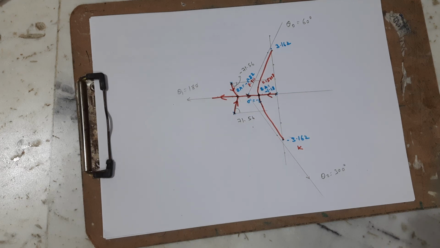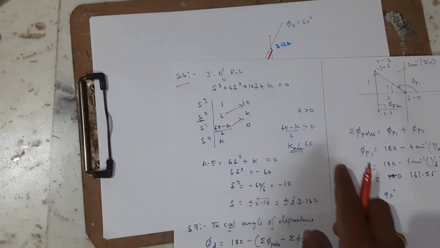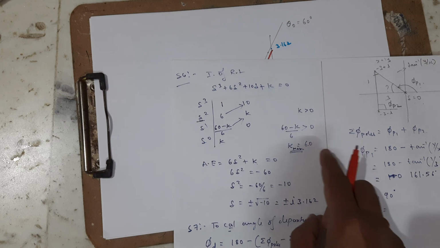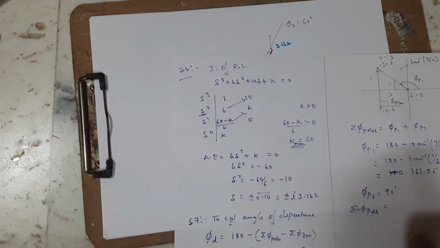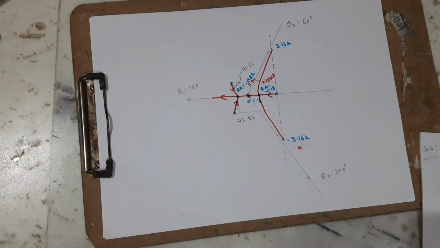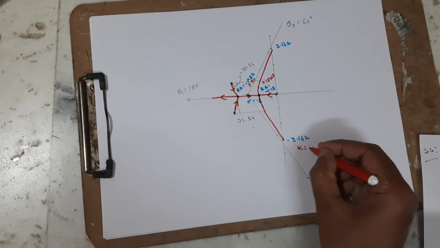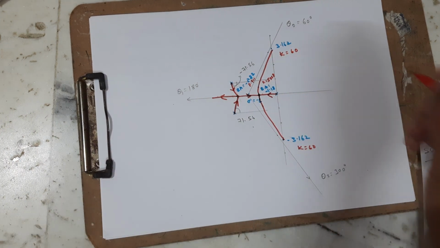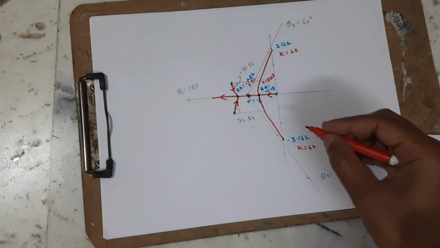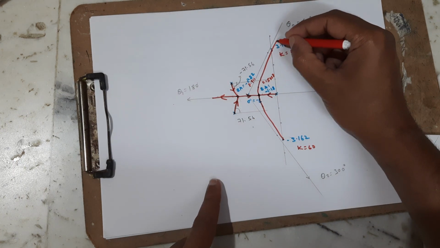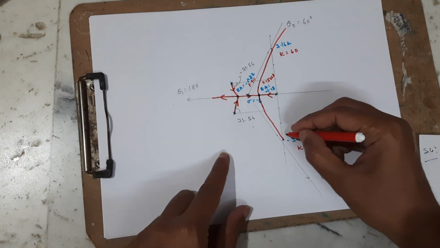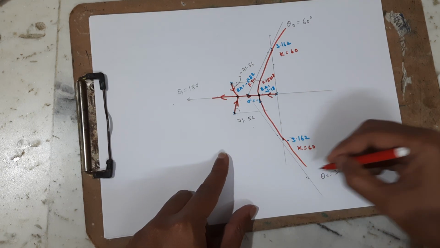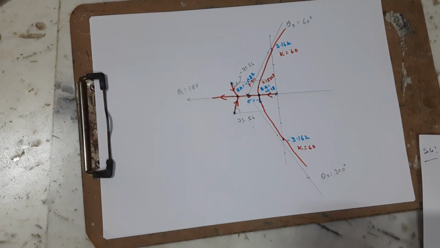What is the k margin? It is 60. At the intersection k is equal to 60, and here also k is equal to 60. After this it is going to follow the asymptotes, theta 0 equal to 60 and theta 2 equal to 300 degrees, like this. So this is how we are going to draw the root locus.